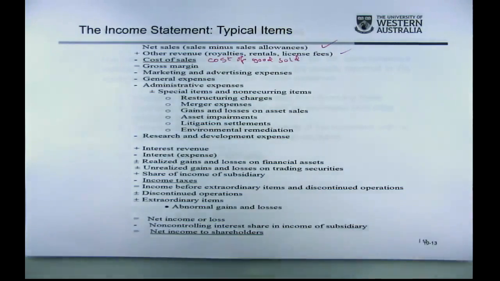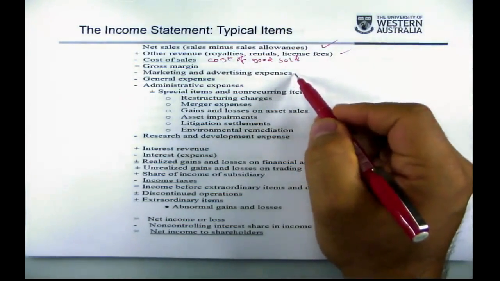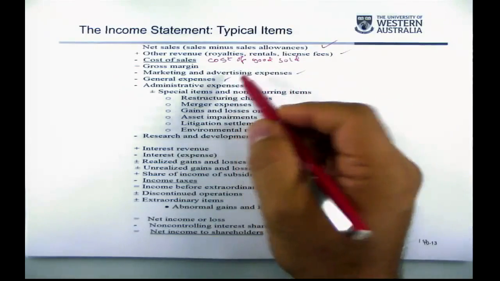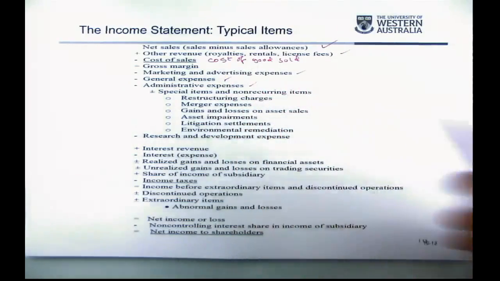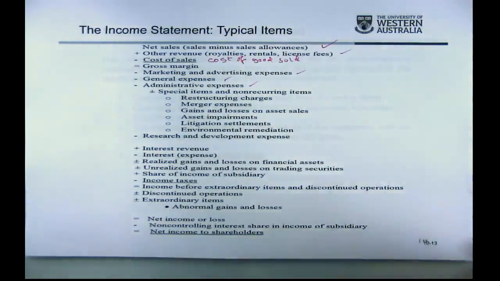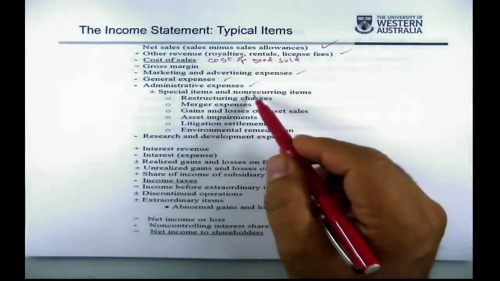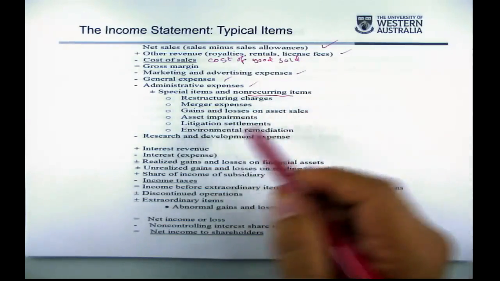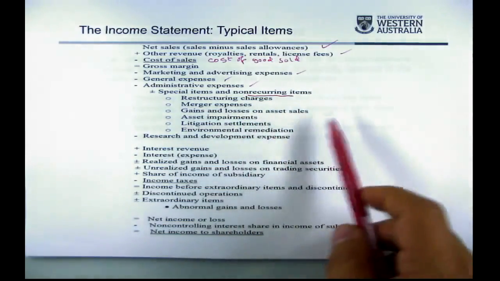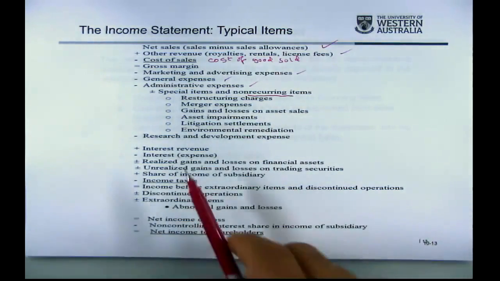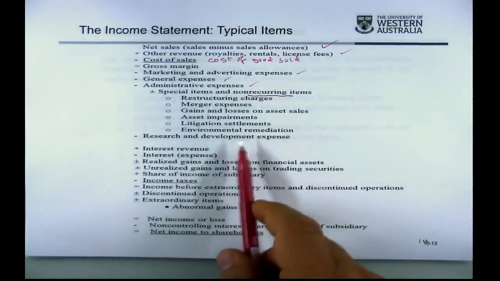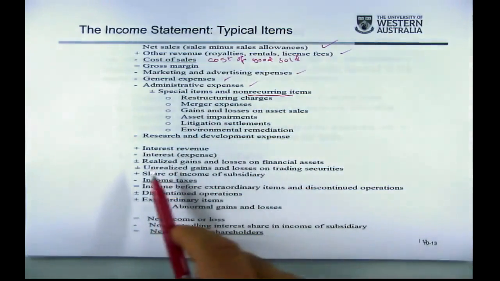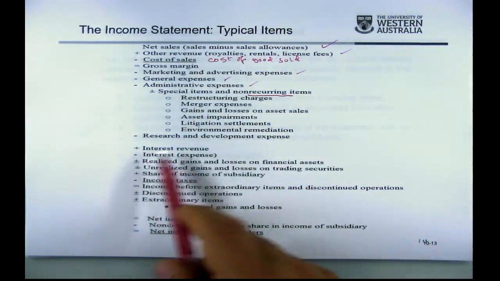Then we subtract other operating expenses, such as marketing and advertising expenses, general expenses, and admin expenses. Then we have other items, non-recurring items, like restructuring charges, merger expenses, gains and losses on asset sales, and so on. And then we have research and development expenses. This one sometimes is lumped together with general expenses. And we have interest revenue.